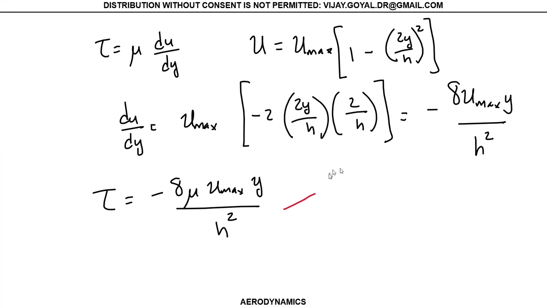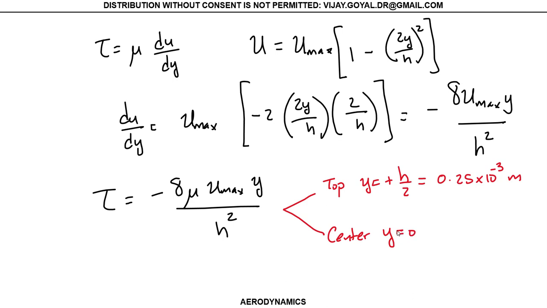If I'm looking at the top, y is going to equal plus h over 2, and that would be 0.25 times 10 to the minus 3, since you need to convert everything from millimeters to meters. In the center, y is equal to 0. Okay, so those are the two values that we're looking for.